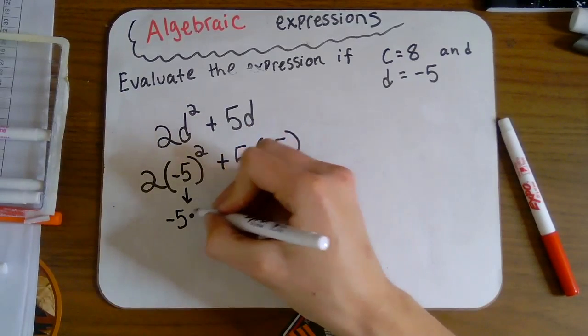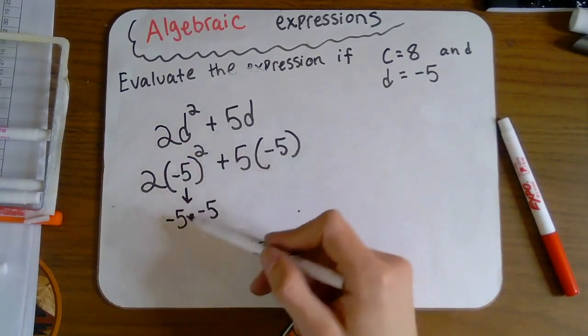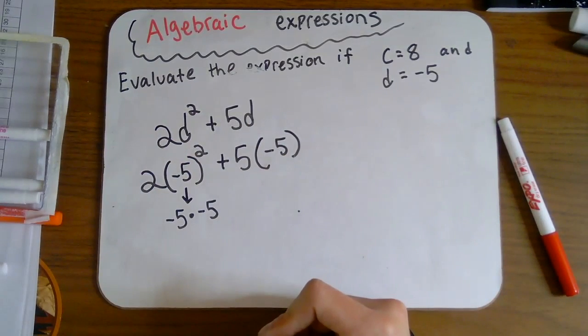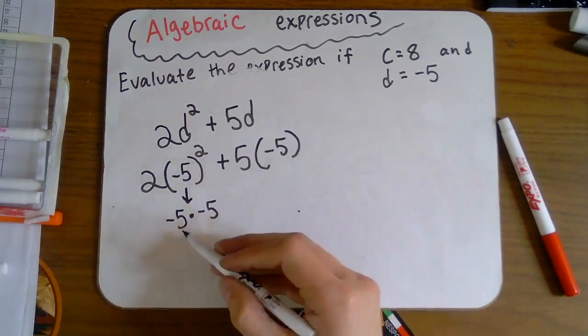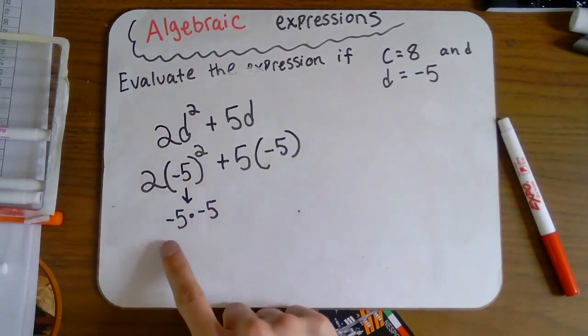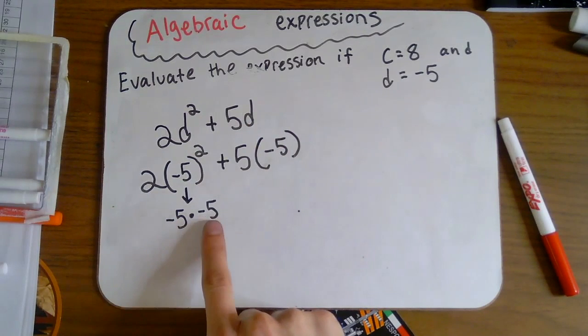This is negative 5 times negative 5. The exponent tells you how many times to multiply the base here. In this case, that's negative 5. Well, we might know 5 times 5 is 25. And because we have two numbers that are the same sign, so we have a negative times a negative, these cancel out. When we have positive times negative, or one of the signs is negative, the answer, the product, will be negative.